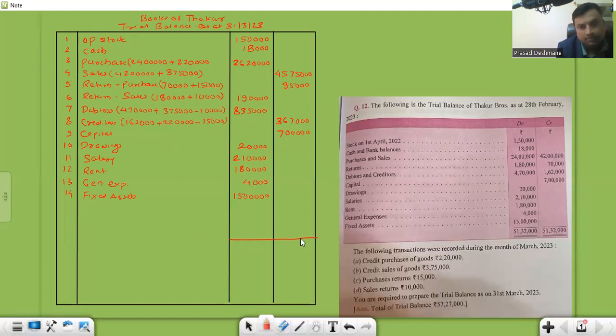Now we'll do the total. I'll calculate first on the debit side.